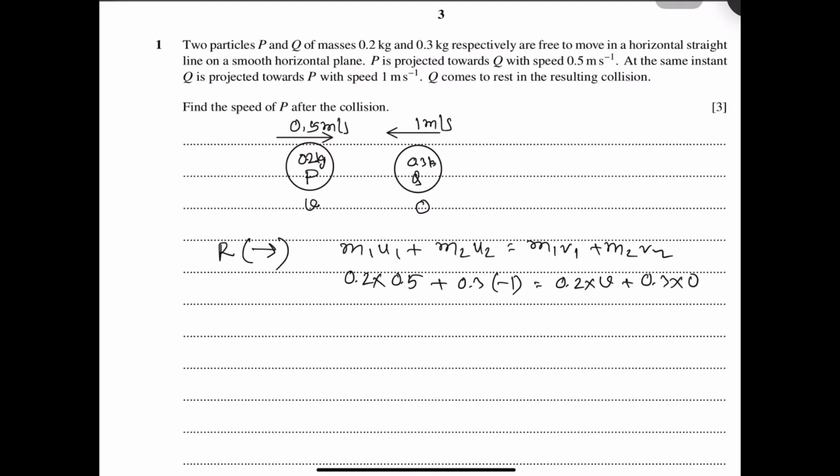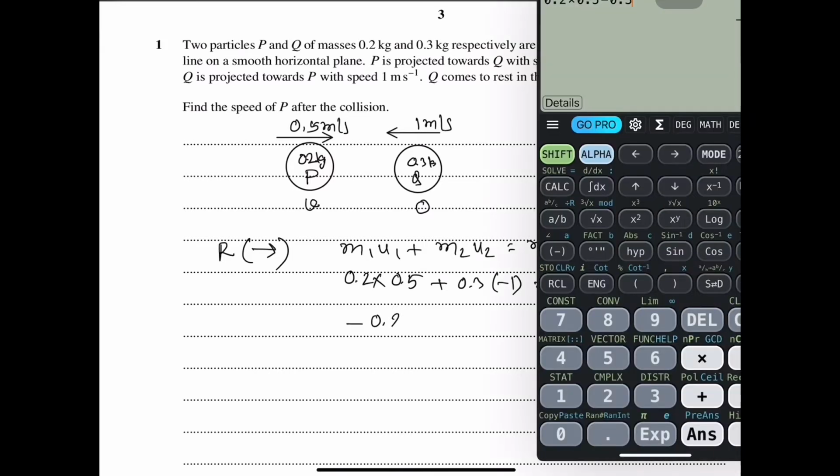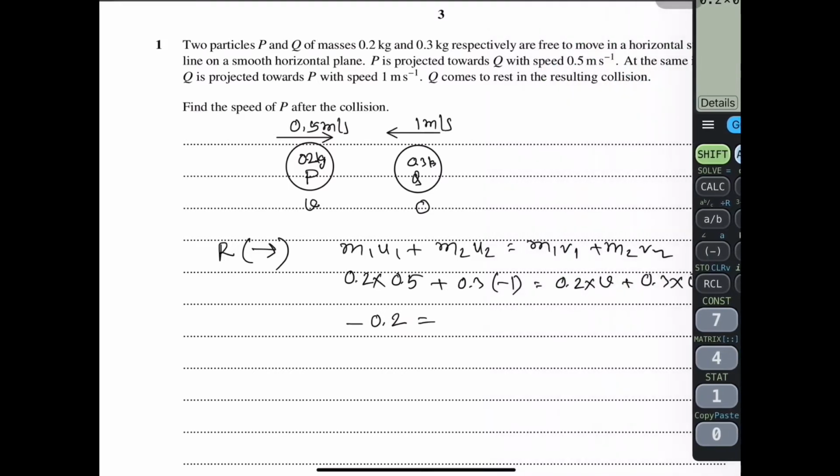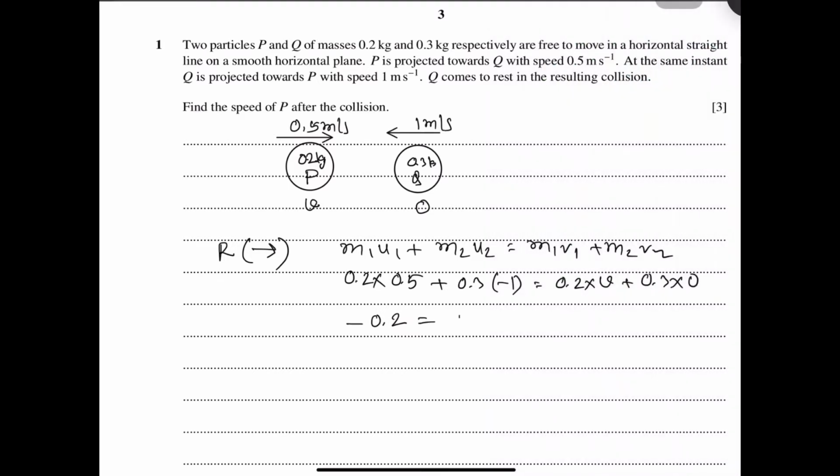So if we simplify, 0.2 equals 0.2v, so v equals -1 meter per second. So speed of P will be 1 in the opposite direction.